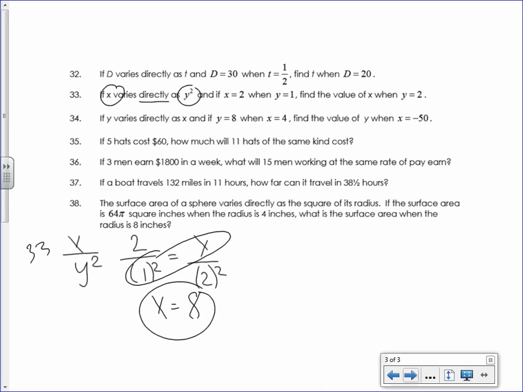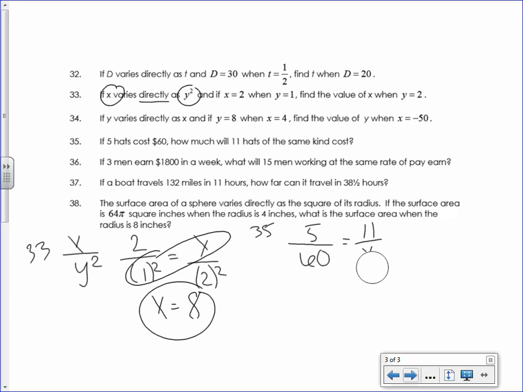So that was 33. For 35, now let's see. This doesn't actually use the word direct in it, but it's got a relationship going between hats and money. So let's set up a proportion. 5 hats was 60 bucks. I want to know how much 11 hats will cost.